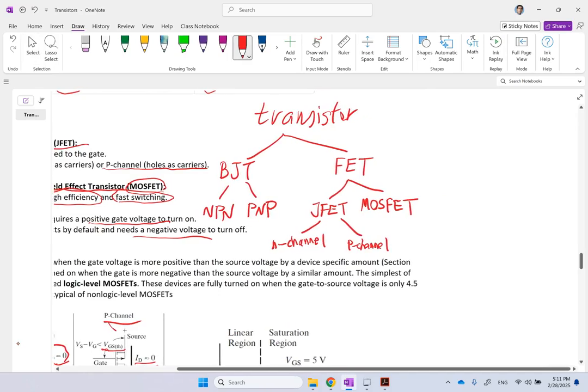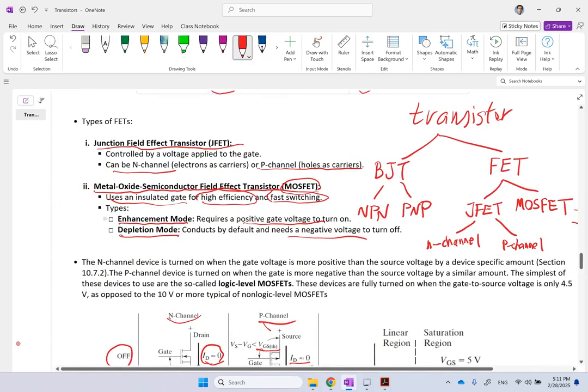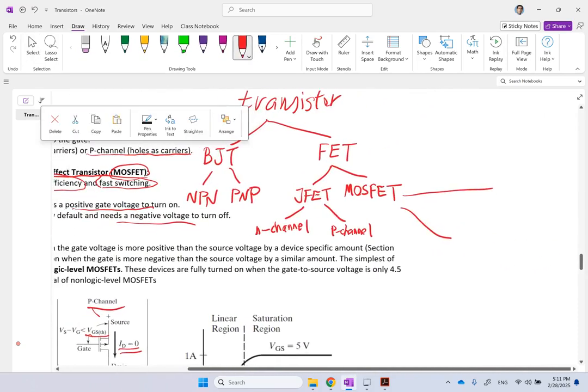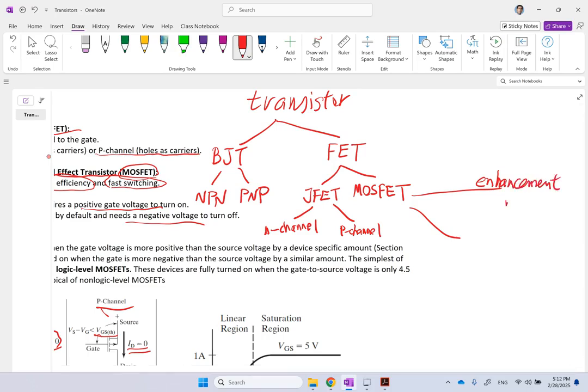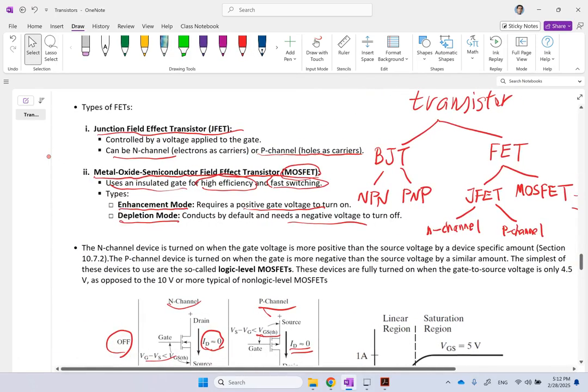And MOSFETs, as you can see, basically you have these two types, enhancement mode and depletion mode. So this is like the overall taxonomy or categorization of transistors, okay?